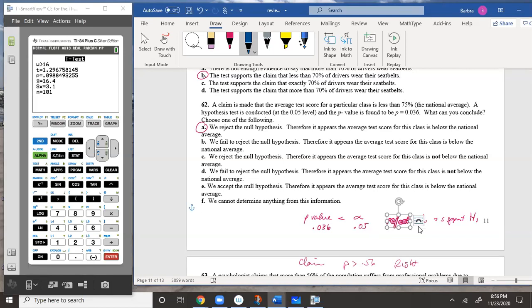So we reject the null and support the claim. And so the correct answer is A, because we have to restate the claim that the average test score is below the national average.